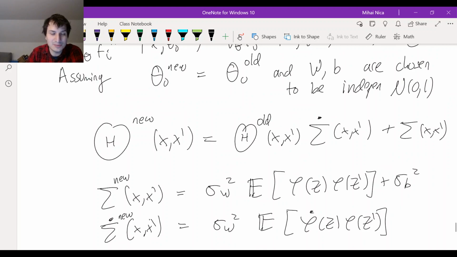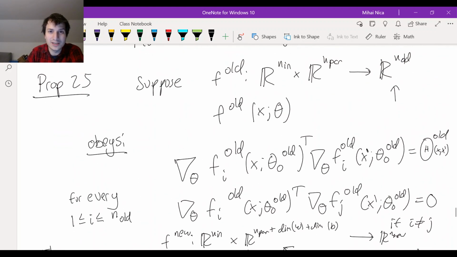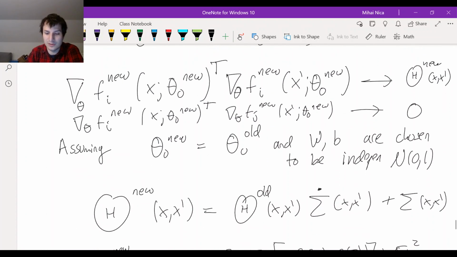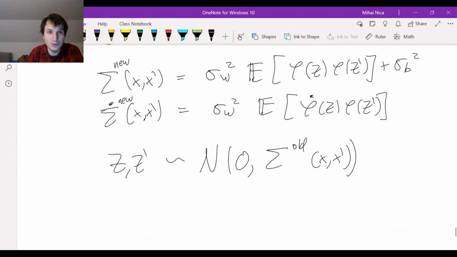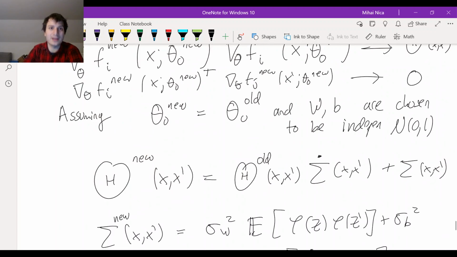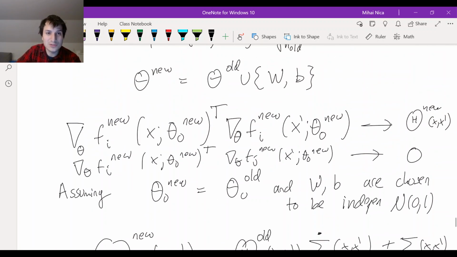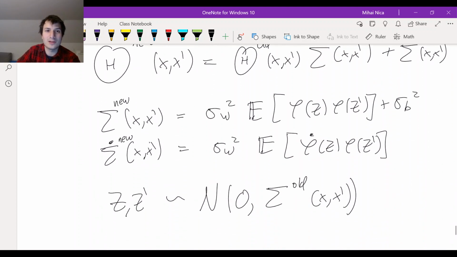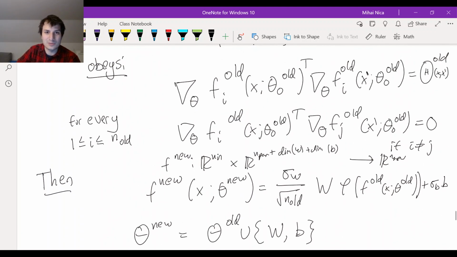And we have this additional assumption, all the NNGP stuff. So f_old has to be a random function converging to sigma old, and f_new will also, by the same result we had before, have a distribution that is an NNGP with kernel sigma new. So that's an assumption as well. I think that's written down.